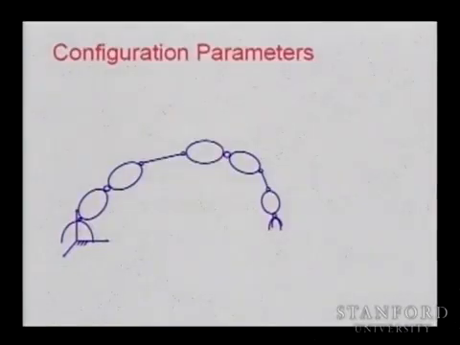Now, we have this manipulator in this configuration, and the question is, how can we represent the configuration of the manipulator? What would be a good way to represent the configuration? Because we need to know where the manipulator is in space with respect to a fixed frame. So, well, I mean, there are many different ways.